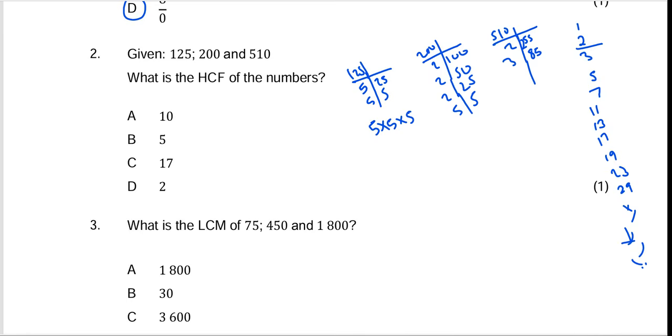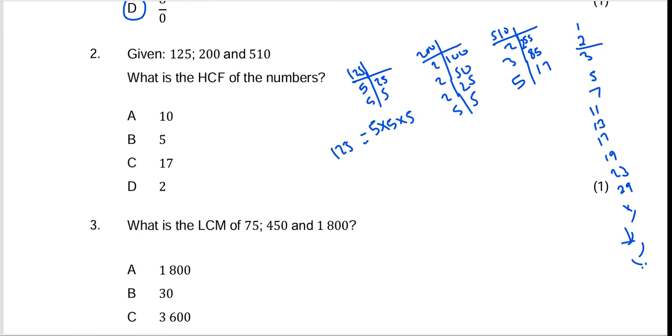No, 3 does not go into 85. Now let's check 5: it gives 17. So 17 and 5.